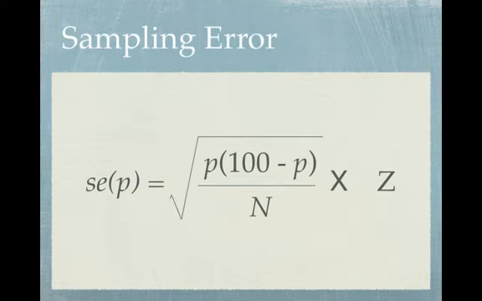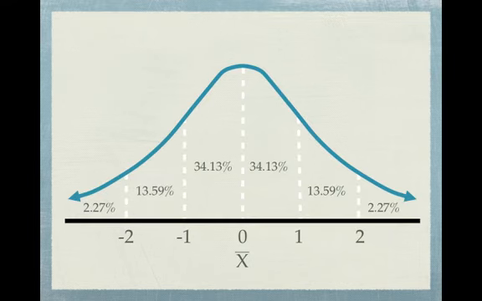So in order to calculate the sampling error, this is the formula that is given. Sampling error of P. P is the percentage that we are recruiting, N is the overall population, and Z is the Z value, which is the standard deviation by which we decide our confidence intervals.